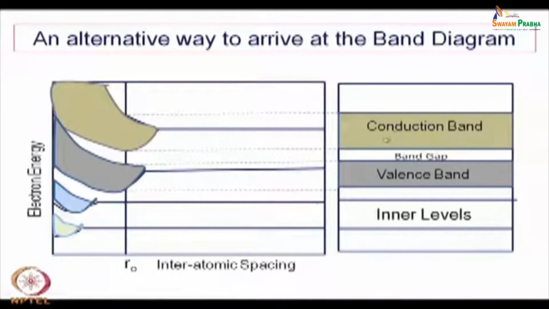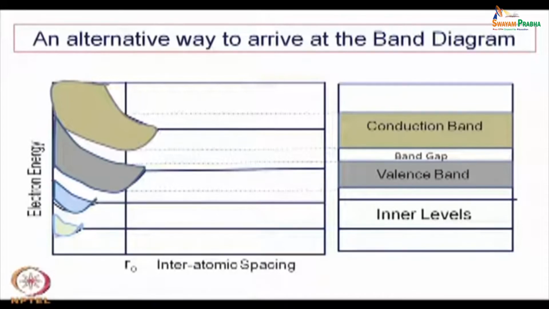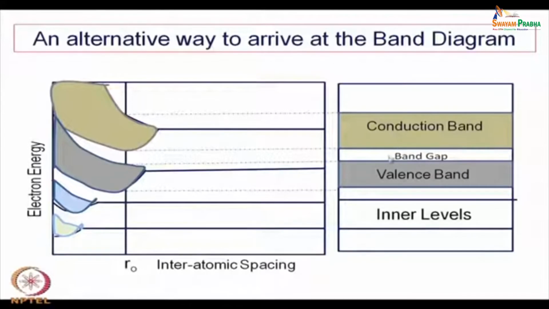So, this is another approach we can take while visualizing the band energy of a system. This becomes quite useful, particularly when we are talking about ionic solids like ceramics and oxides.